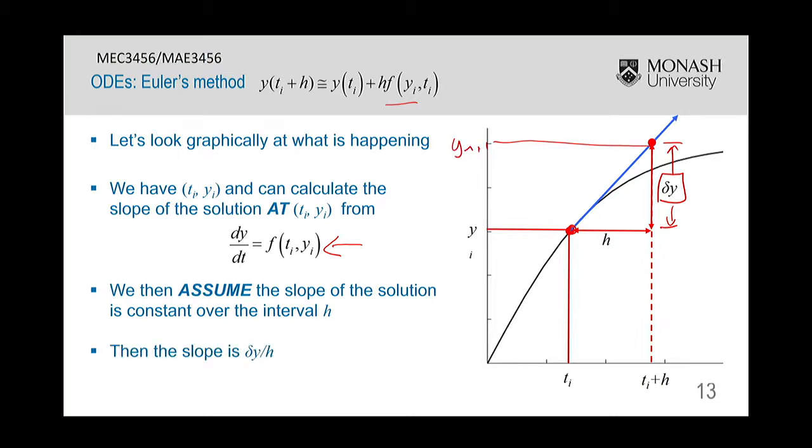Well, we know the slope of that triangle is delta y divided by h. That's just the rise over the run. We also know that that's got to be equal to our function value at the start point here, because that's how we've defined it. Therefore, delta y, the change in our solution, is given by h times the function value evaluated at the beginning point.